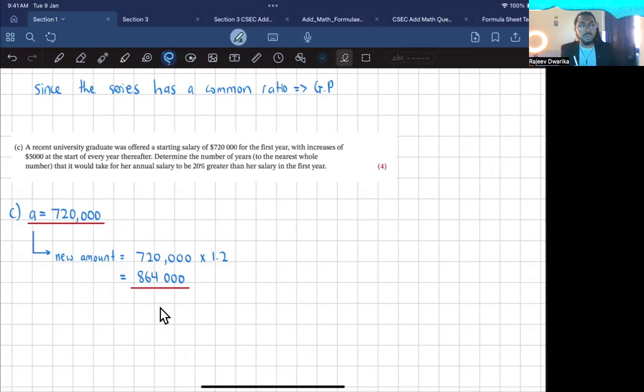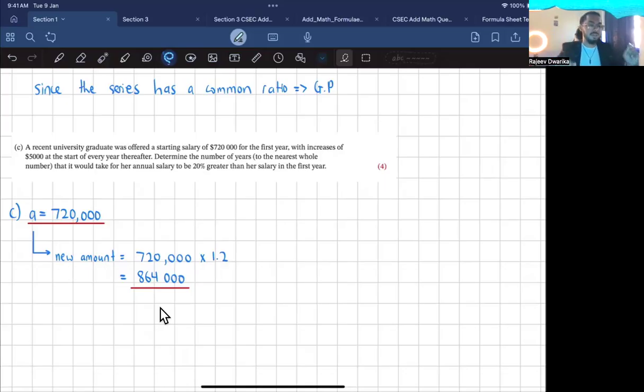So Kira, the way I just explained it, it sounds like we're trying to figure out what term. So again, 720,000, 725, 730, all the way down to 864. What formula do we have to use? You have two formulas for APs: T of n and S of n.